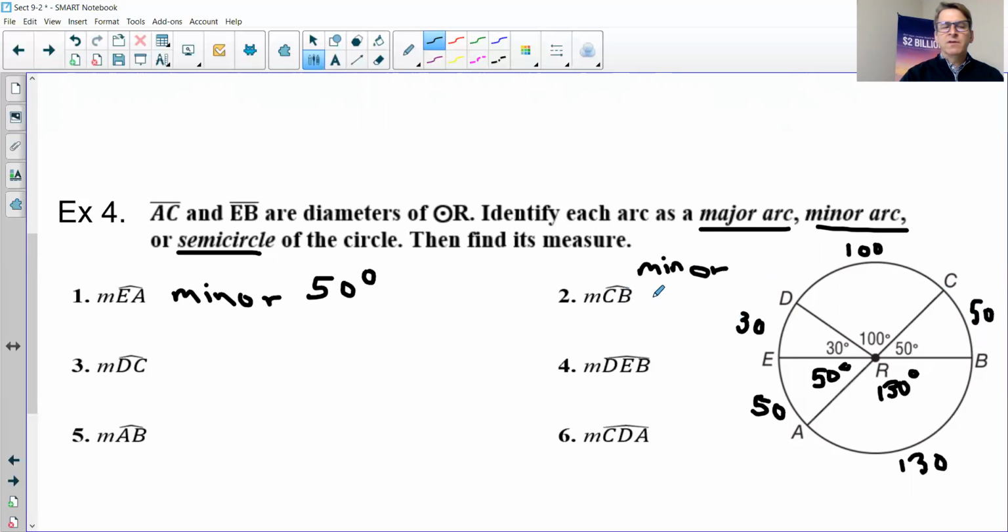CB is also 50 degrees. The measure of DC. DC is located right here. It is a minor arc. And it's 100.